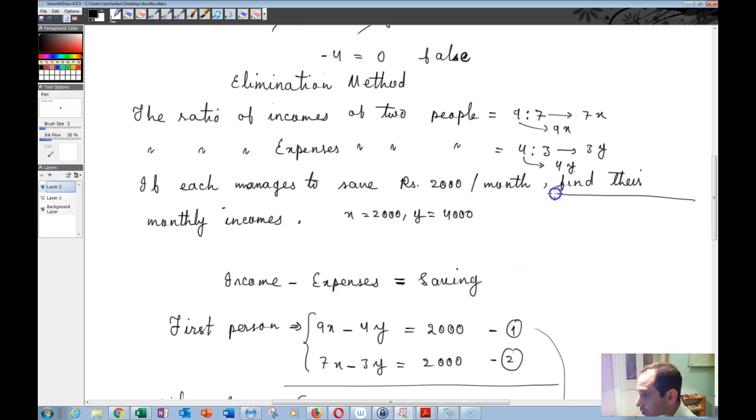Their monthly income is simple to calculate now, because their monthly income was basically 9x and 7x. So 9x would be equal to 9 times 2000, which is 18,000 rupees for the first person.